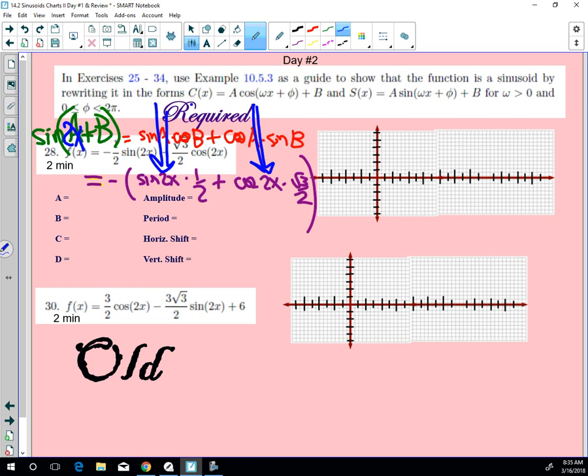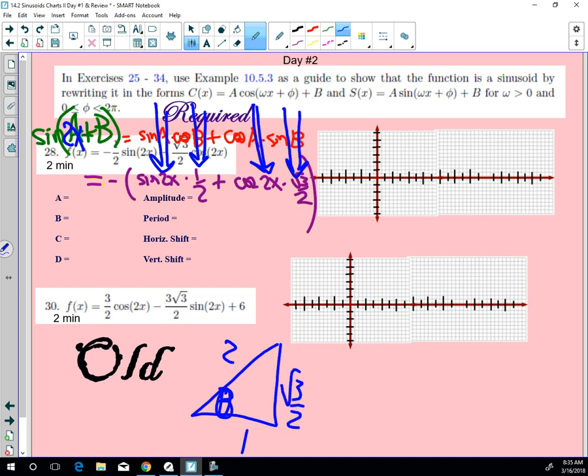What's B? Well, that one's a little trickier. We're going to actually have to draw a triangle for this. And it says the cosine of B is 1/2. The sine of B is the square root of 3 over 2.